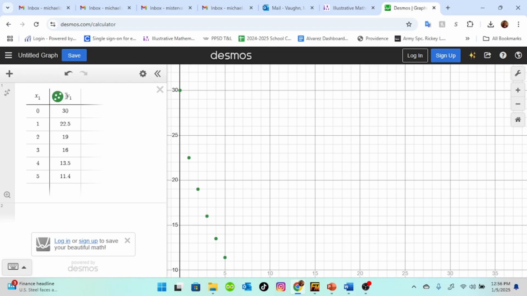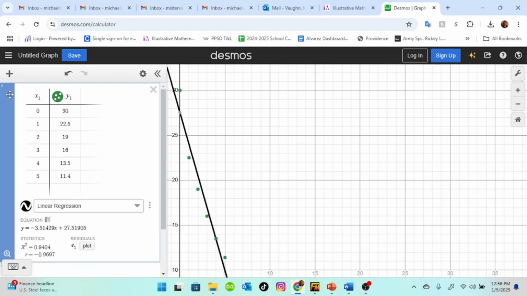It'll give you an XY table, and you fill in the values as I've done here. Once you have all the values put in, you can see that it plotted the green points. And now we hit this icon to the left that looks like 4 dots and a straight line, and it's titled Add Regression. When you do that, it will put in your line of best fit.